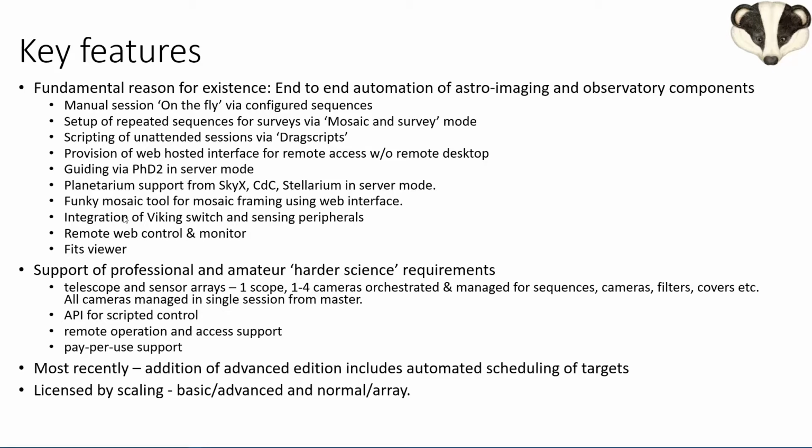So, for example, the Dragonfly setup, while not using Voyager, there's similar ones within the Voyager user groups that use up to 20 or 30 cameras and 3 or 4 different mounts all at the same time doing the same sort of thing. And you'll notice also starting to do things like remote operation and access support. So if you wanted to set yourself up as a pay-per-view, pay-per-use type situation accessed over the web, actually that's largely built in. You just have to enable it.